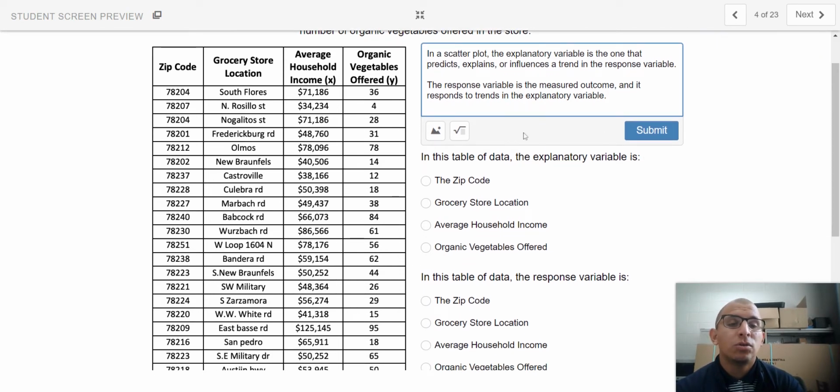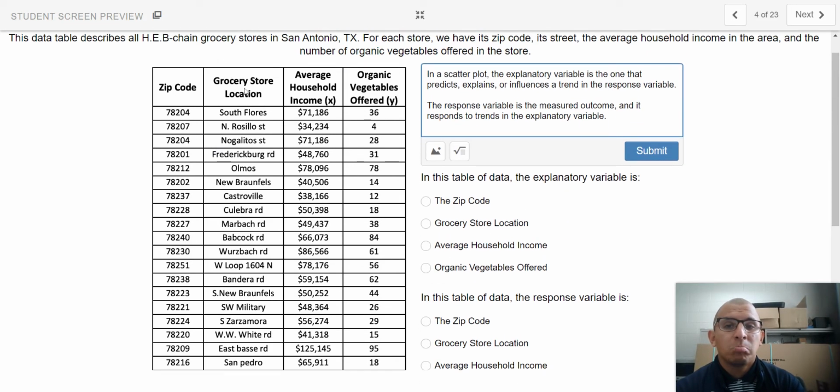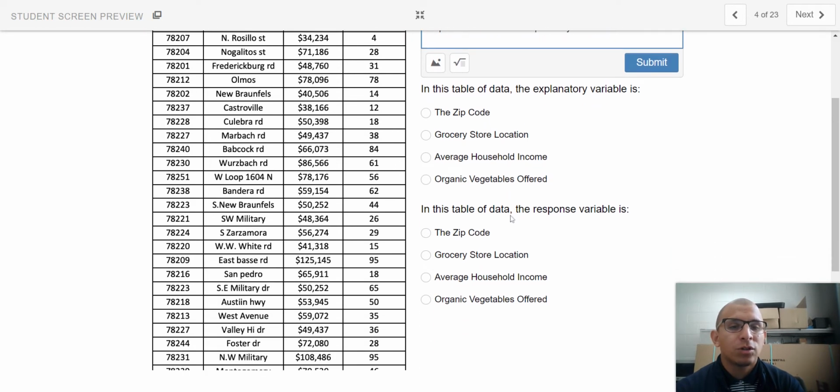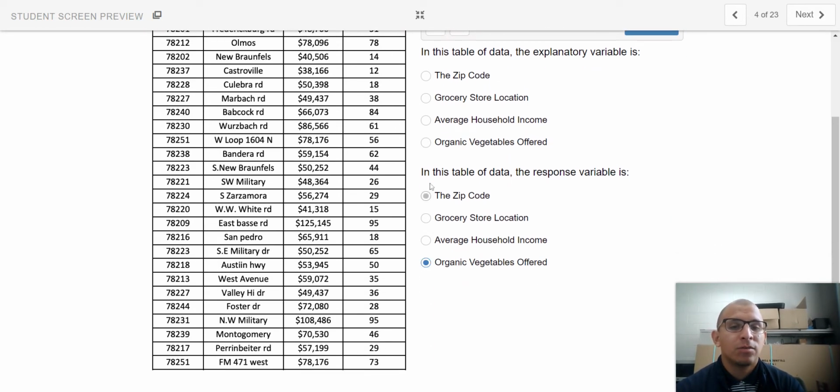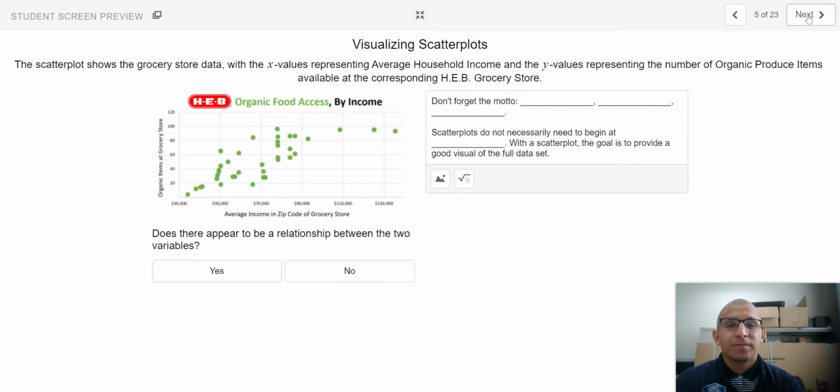Based on these two definitions, select which of the four labels represents the explanatory variable and which represents the response variable. Once you make your selection, we'll segue on to the next screen.